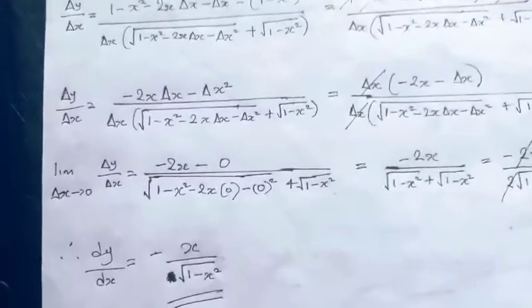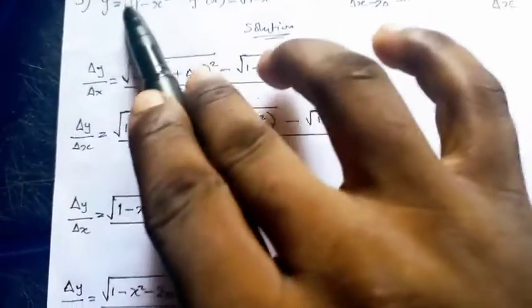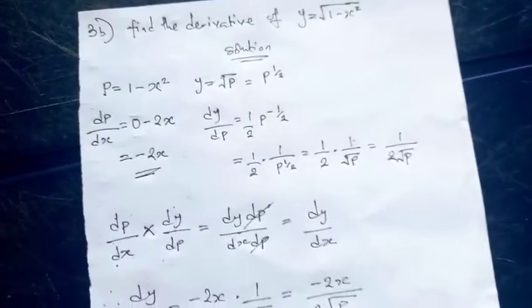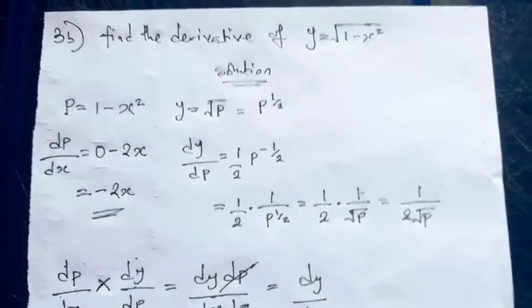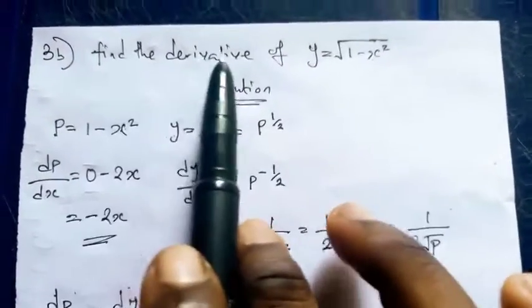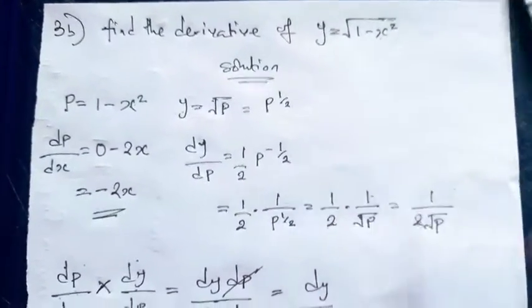Now, in my previous video, for some reason, I skipped this particular function. I did not solve it for some reason, and this is the reason why I did not solve it. Here I'm asked to find the derivative of y equal to the square root of 1 minus x squared.